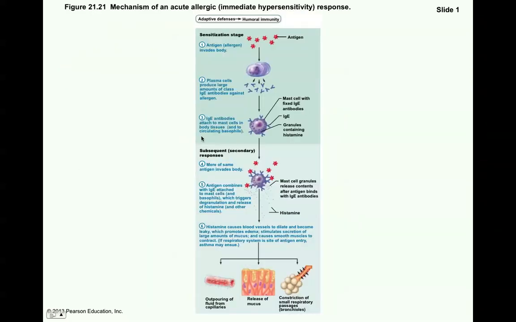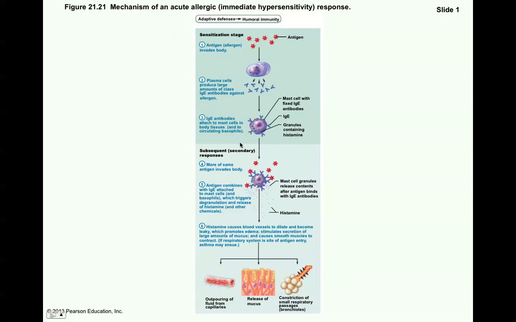And this is a very tiny figure right here, but it shows you the adaptive defenses in humoral immunity. Actually, how humoral immunity reacts with some kind of allergic response. Immediate hypersensitivity. The antigen invades the body. The plasma cells produce large amounts of class IgE antibodies against the allergen.